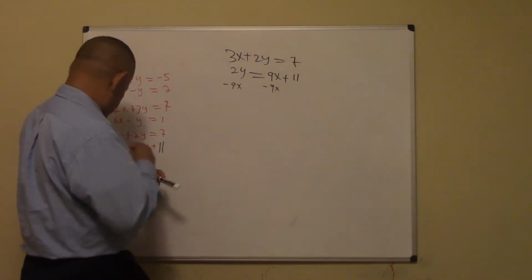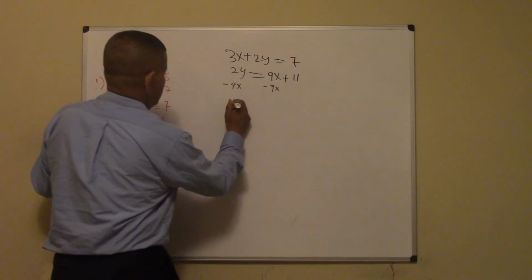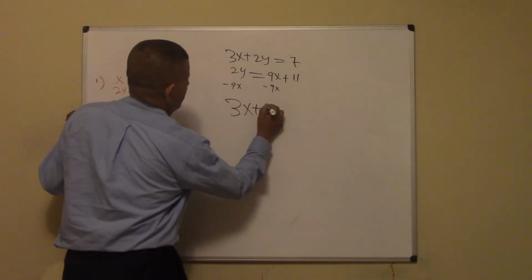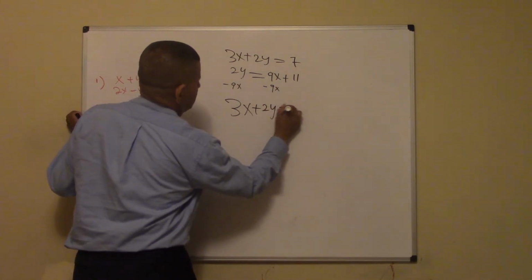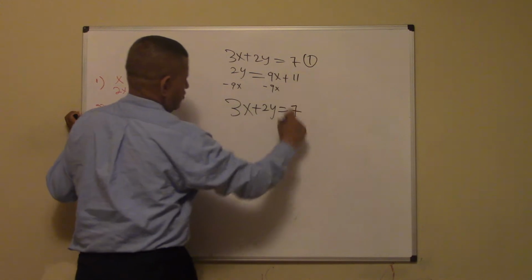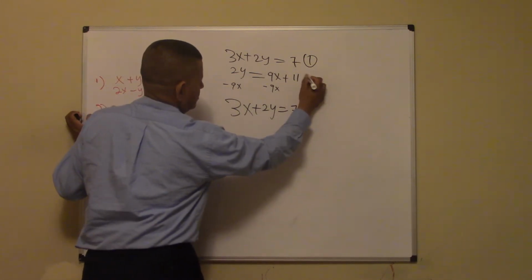I will write 3x plus 2y is equal to 7. That's equation number 1. I just brought equation number 1 down.